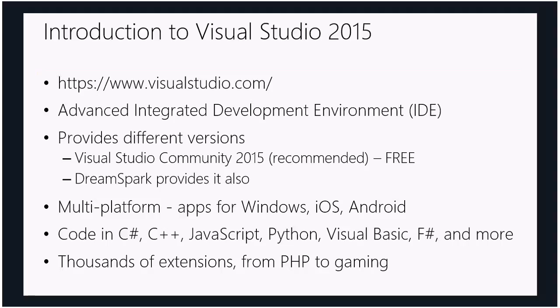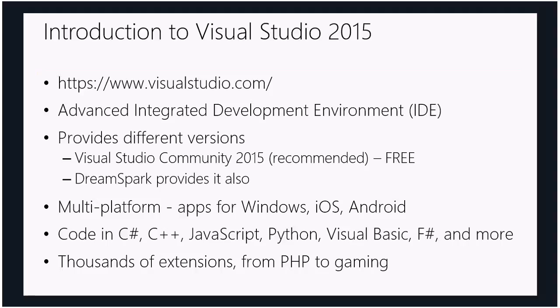Visual Studio is one of the advanced integrated development environments provided by Microsoft. The best thing about it is that it is now available for free if you have a DreamSpark account, or you can go to Visual Studio Community 2015, just Bing it, and you'll reach the website. Simply go to visualstudio.com, choose it from there, and download it. The good part of this IDE is that it can produce applications for all three platforms: Windows, iOS, and Android.